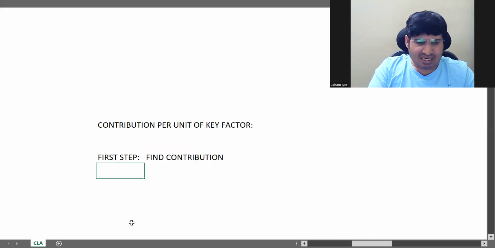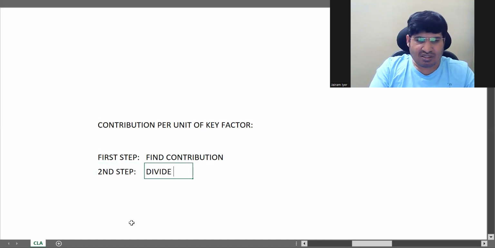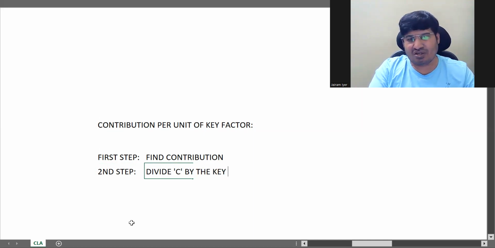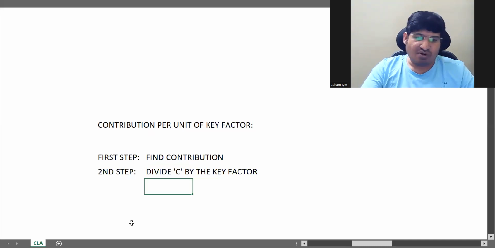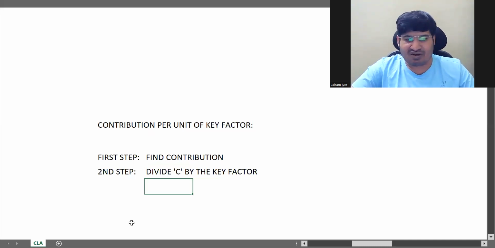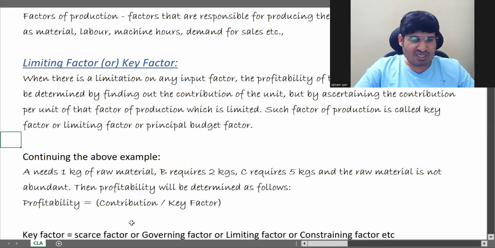Okay. Then second step will be divide contribution, that is C, okay, by the key factor. Okay. So once you do this, you will get contribution per unit of key factor. Okay. That you have to compare. So we will be doing one problem on this today as well. So you will be able to see how it is done. Okay. The profitability is judged by contribution upon key factor. Okay.